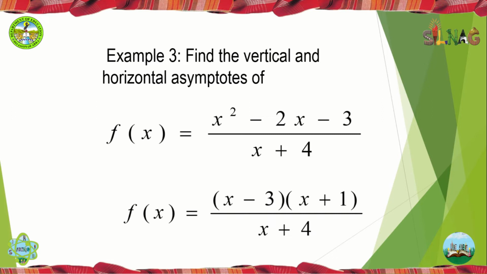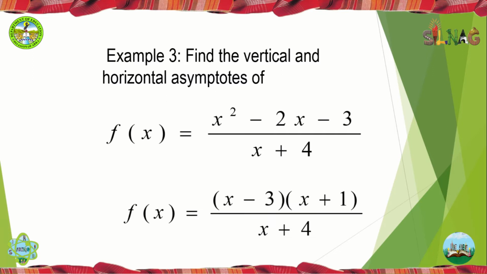Find the vertical and horizontal asymptotes of f of x is equal to x squared minus 2x minus 3 all over x plus 4. The first step, we have to factor the numerator and the denominator of the right side. So the factors of x squared minus 2x minus 3 are the quantity of x minus 3 and the quantity of x plus 1.